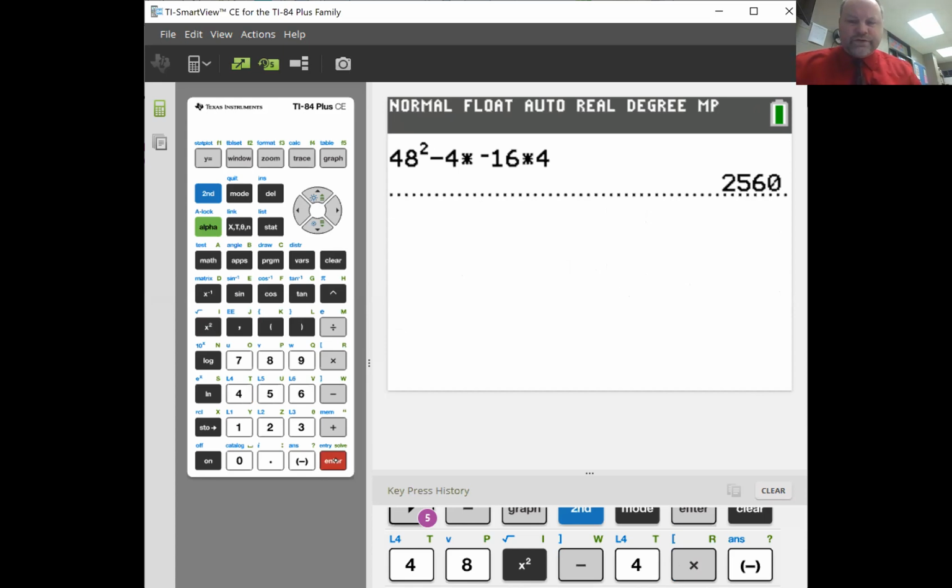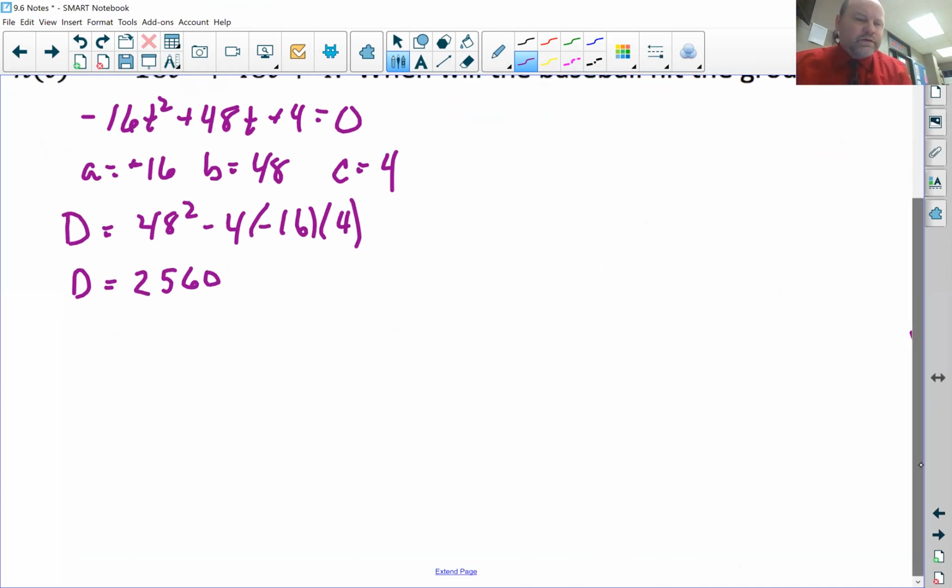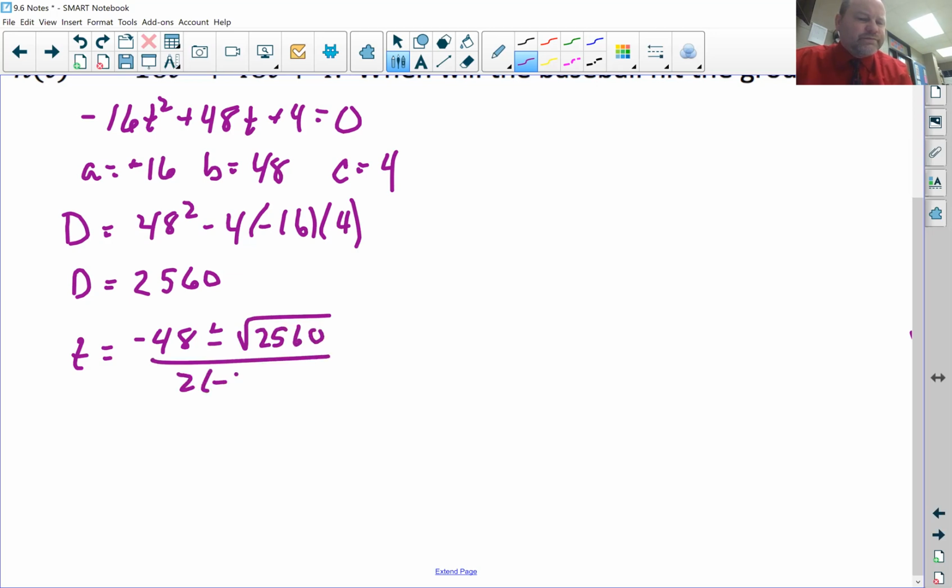And so we get 2,560. So our times are the opposite of b, plus or minus the square root of d, over 2 times a.